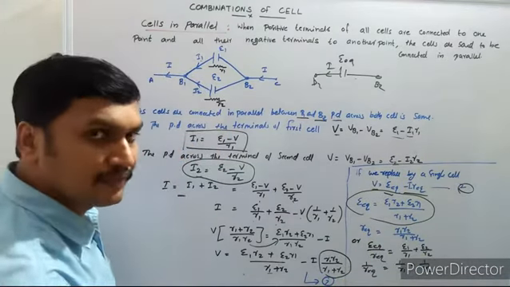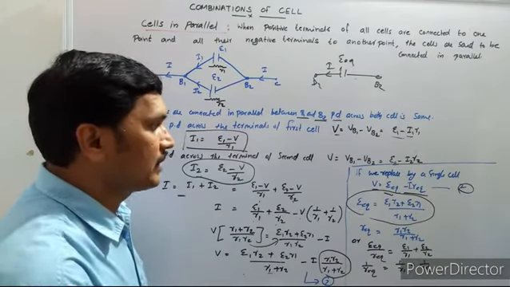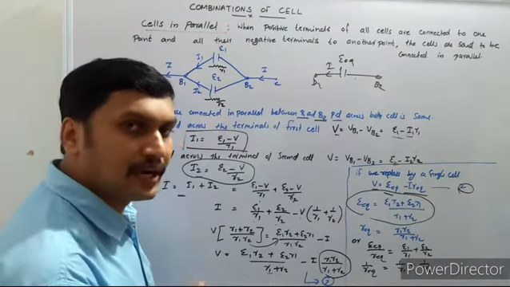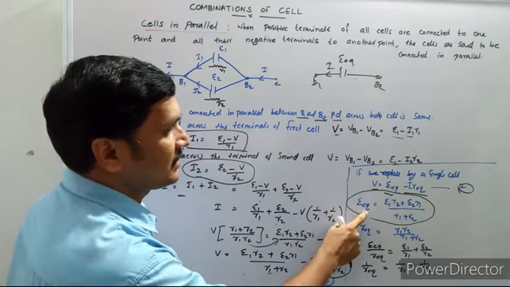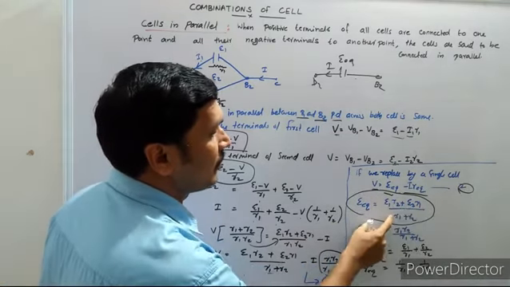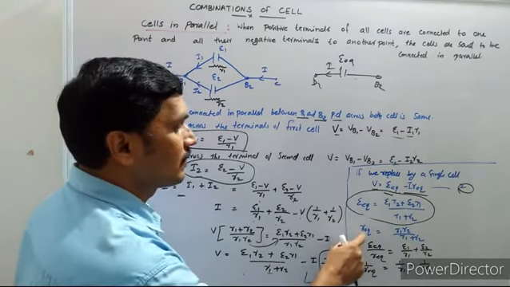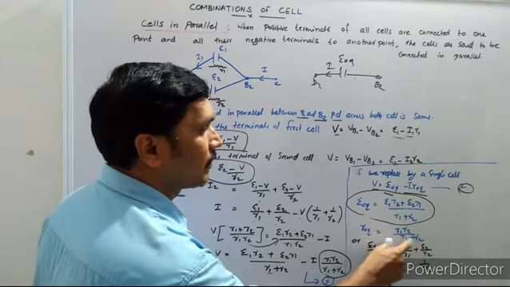That's R equivalent. That is, if two cells are connected in parallel combination, say E1 and E2 are the EMF, R1 and R2 are the internal resistances, then E equivalent is equal to (E1 R2 plus E2 R1) divided by (R1 plus R2). What is the internal resistance? R equivalent is equal to R1 R2 divided by (R1 plus R2).